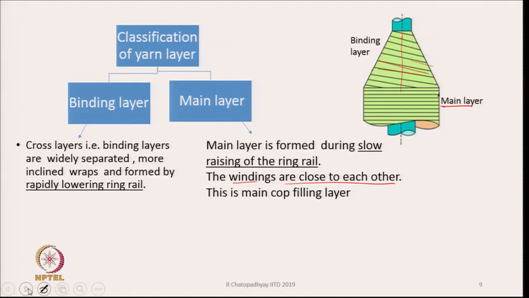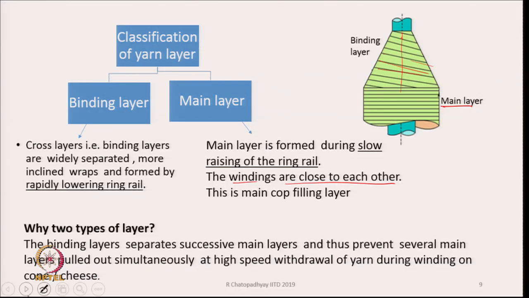We will discuss why we need these two types of layer. The binding layer separates successive main layers and thus prevents several main layers being pulled out simultaneously at high speed withdrawal of yarn during winding on cone or cheese.